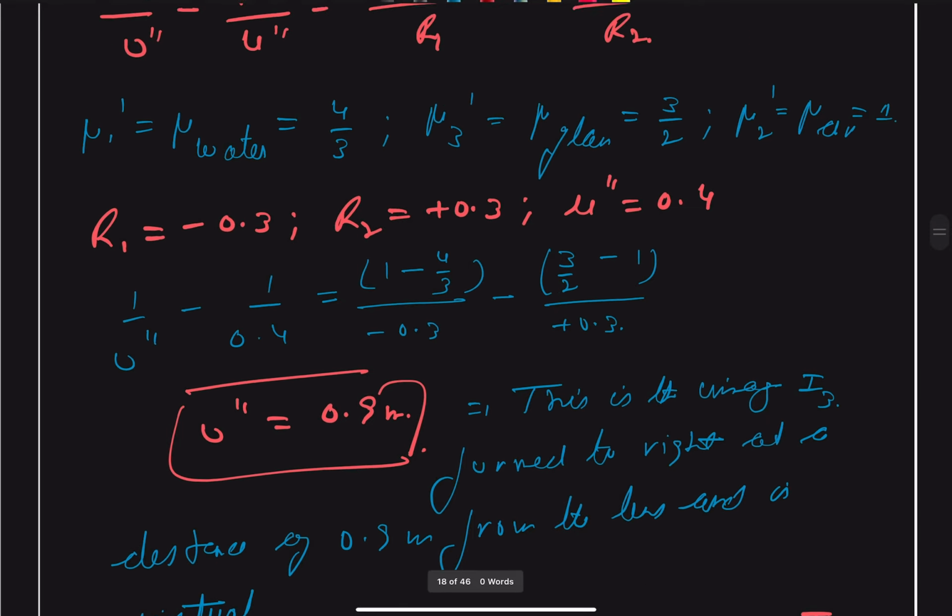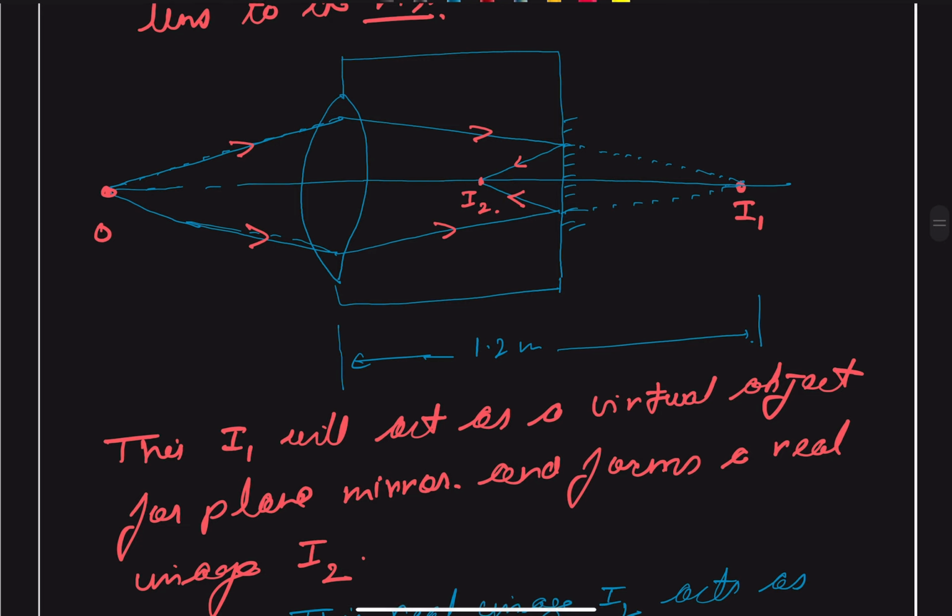So we can also draw this I3, and this will be our virtual image, something like this. So this will be our I3, and the distance from the lens will be 0.9 meters.